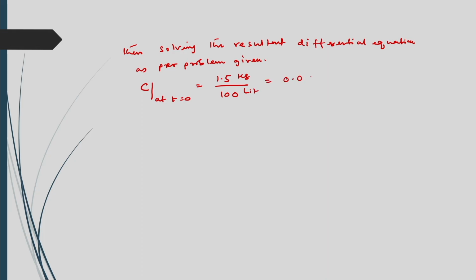This is 0.015 kg per liter there, and C in will be equal to 35 ppt, that will be coming ultimately 0.035 kg per liter. So, this is your C in there.